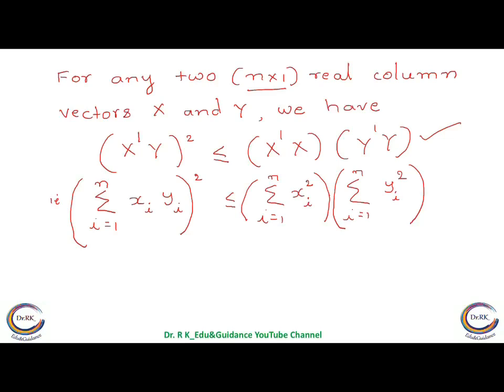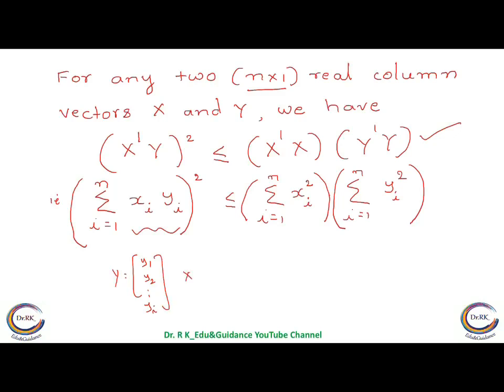So this can be written as, if you take y as y1, y2, and so on up to yn, and x as x1, x2, and so on up to xn, then x transpose y becomes the summation of xi yi, i from 1 to n, whole squared.